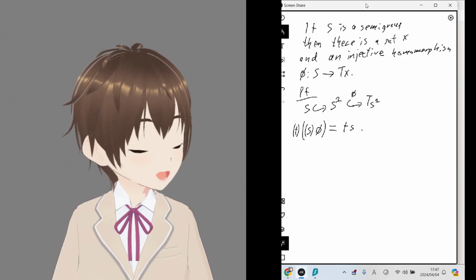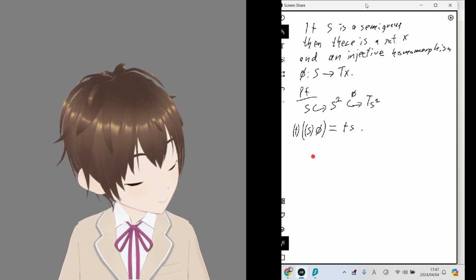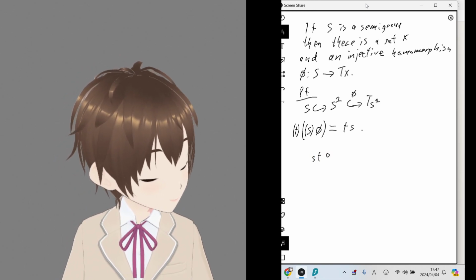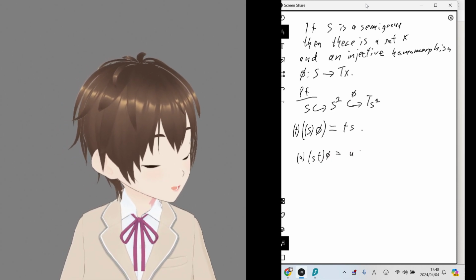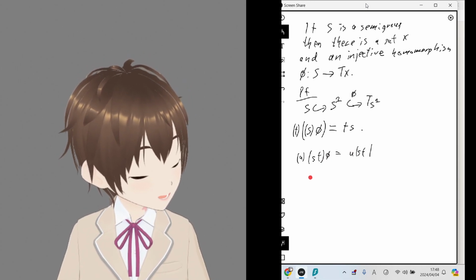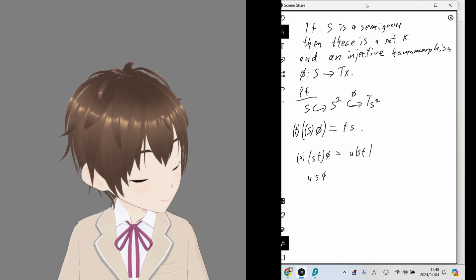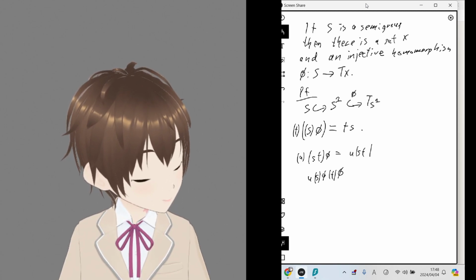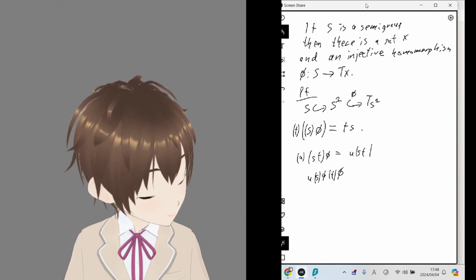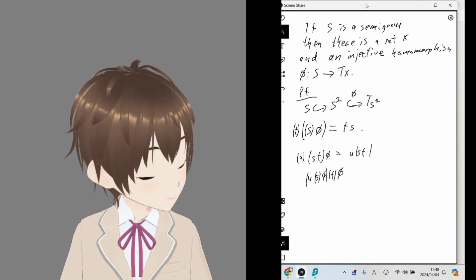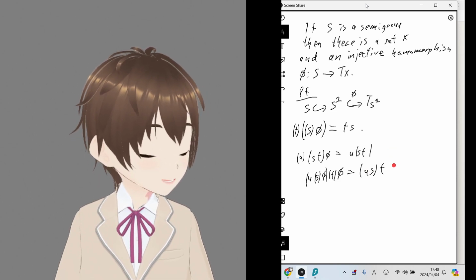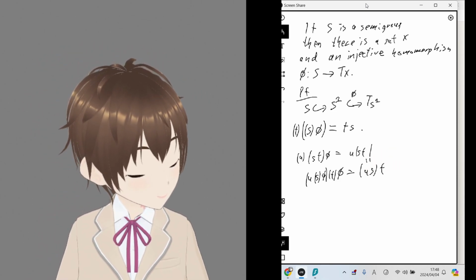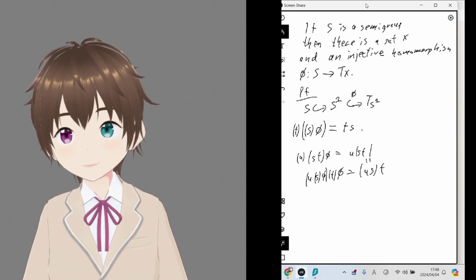This is a semigroup homomorphism because t phi(u) is equal to tu, and (us)phi(t) is equal to ust. And the associative law says that these are the same.